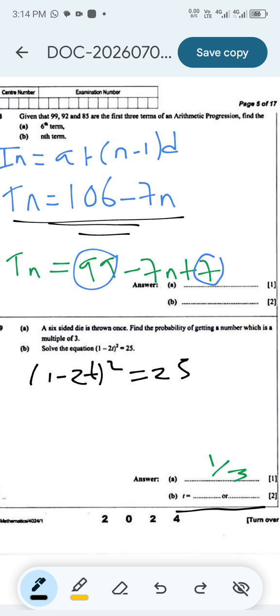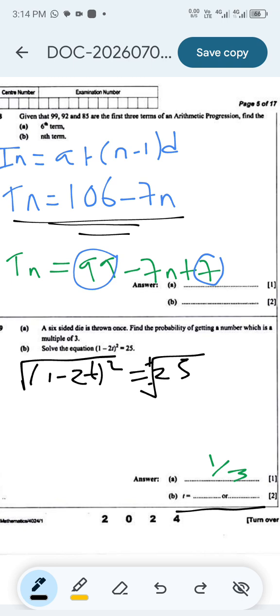So when given such situations, we are talking about the completing of the square method. So how can you solve this equation? You are going to put them in the square root, and immediately you add the square root, you are going to add the sign of plus or minus.